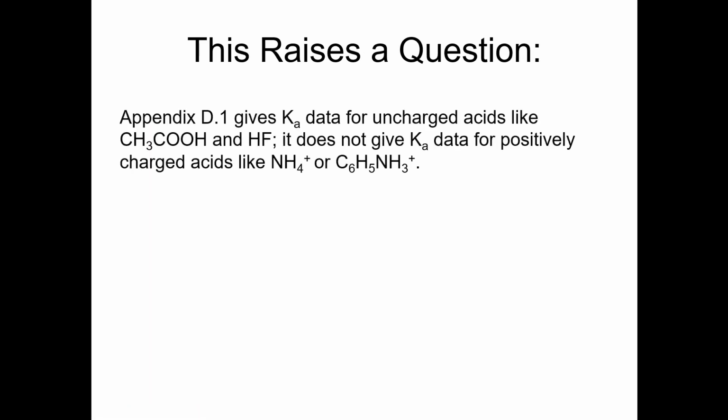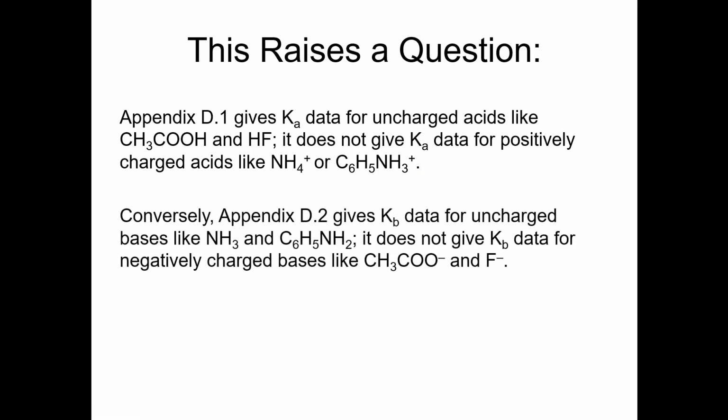Appendix D1 gives Ka data for uncharged acids like acetic acid or hydrofluoric acid, but it doesn't give any Ka data for positively charged acids, that is, the conjugate acids of those nitrogen bases.